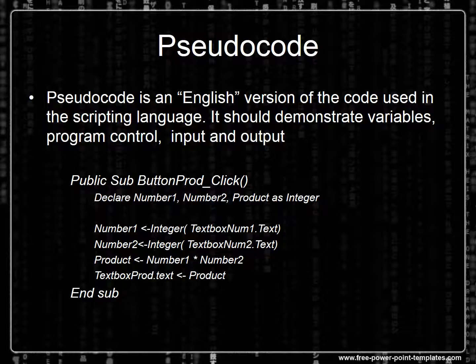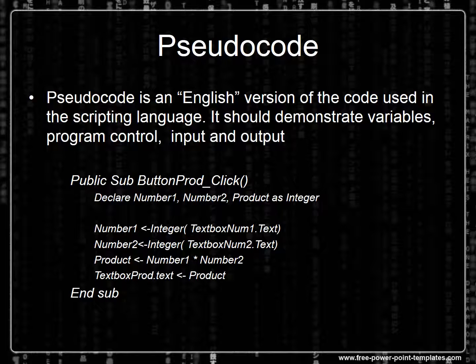In other words, we're taking the text from text box num1, and we're actually changing that into an integer. So if we type 56 into text box num1, we'll find that if we just use the text, it's just 2 digits, 5 and 6, and doesn't have any value.